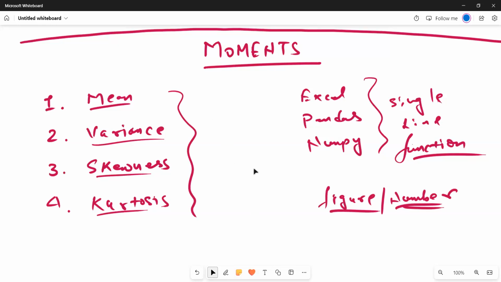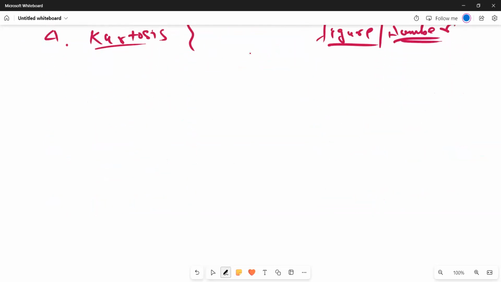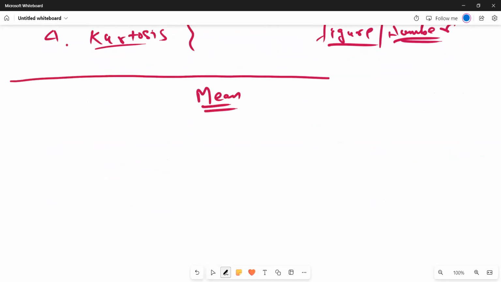Let's proceed ahead, discussing the first moment, which is the mean of the data. You have to understand one thing: mean is nothing but the average, the average of any given set of numbers.